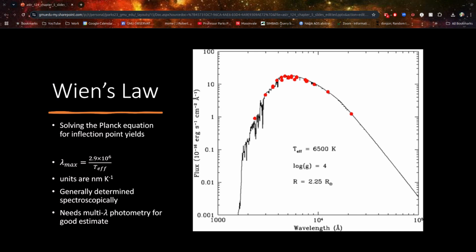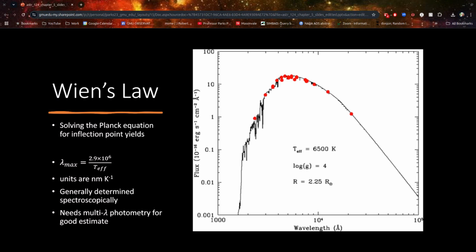The SED that you see there is a modeled SED based on the physical characteristics of the star: a star with an effective temperature of 6,500, a log surface gravity of 4, and a radius of 2.25 solar radii.